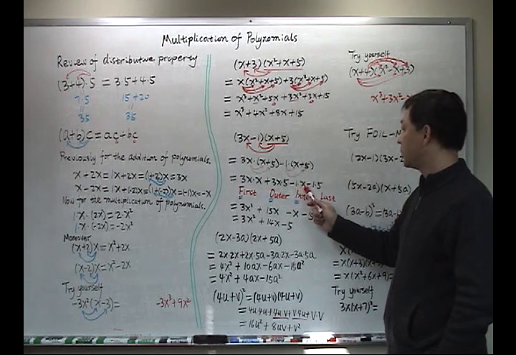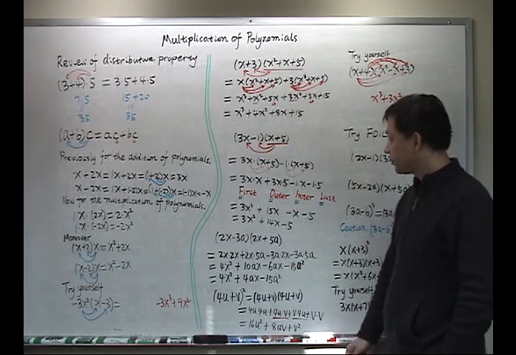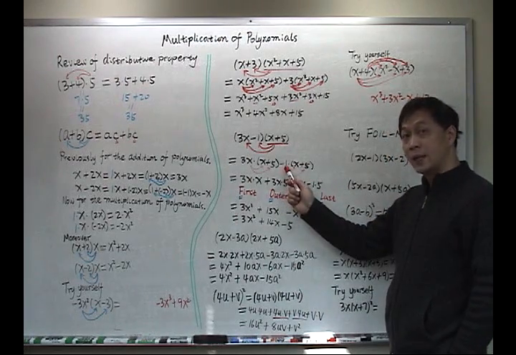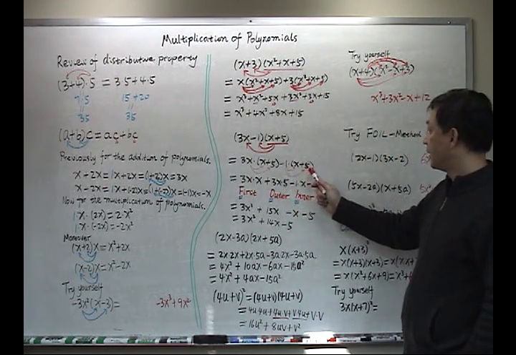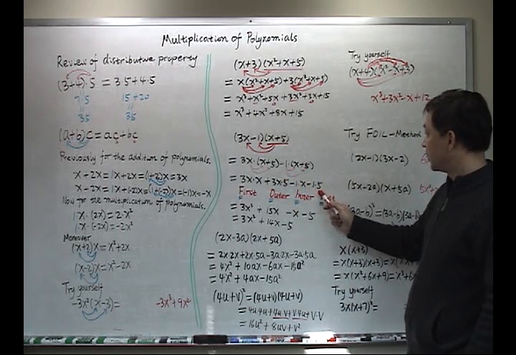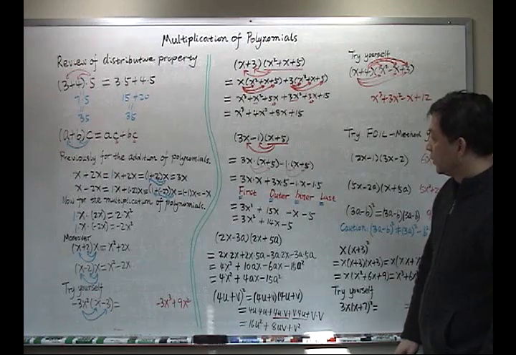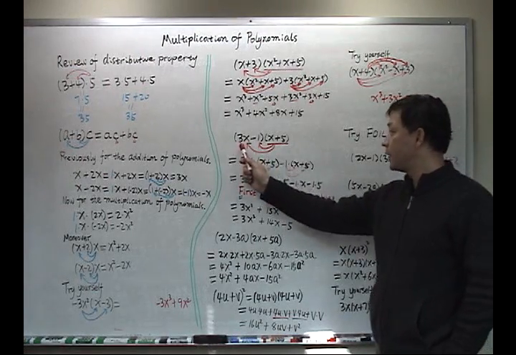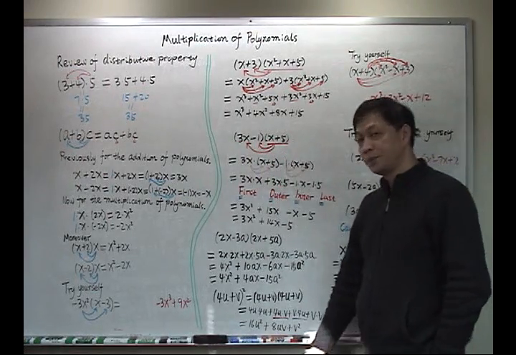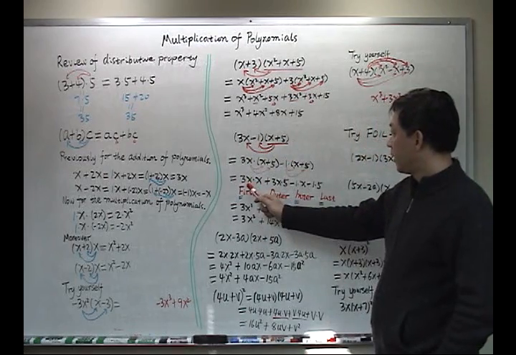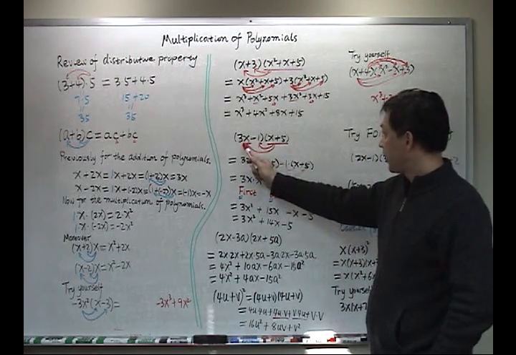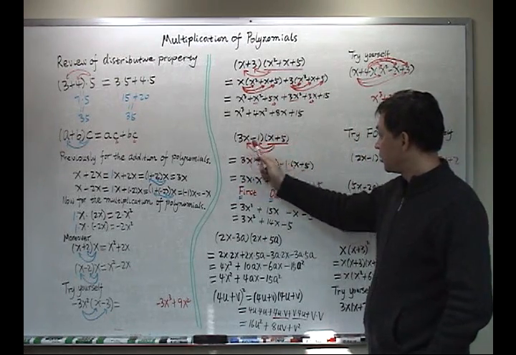And negative 1 times 5 is negative 5. You can see when we do the binomial times binomial, 3x times x is the first product.